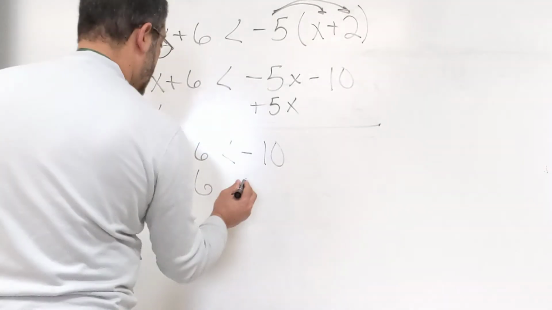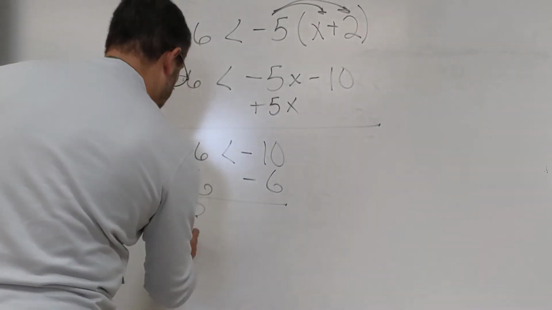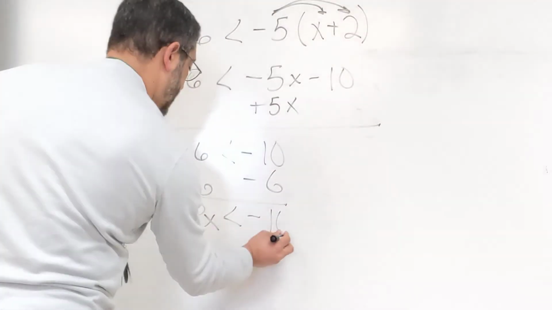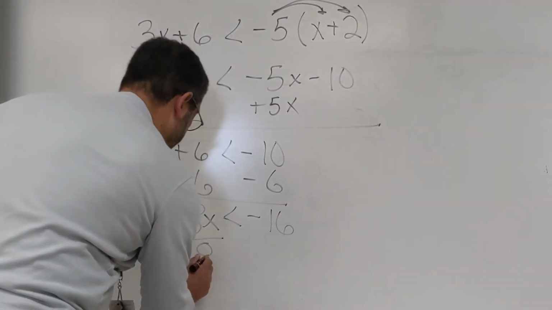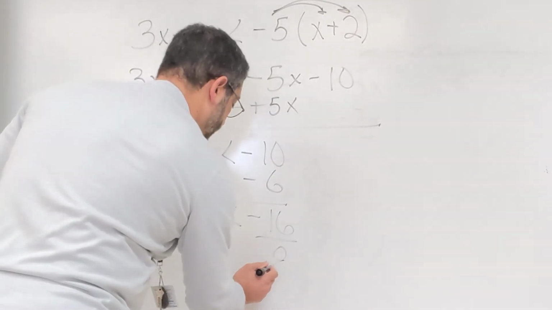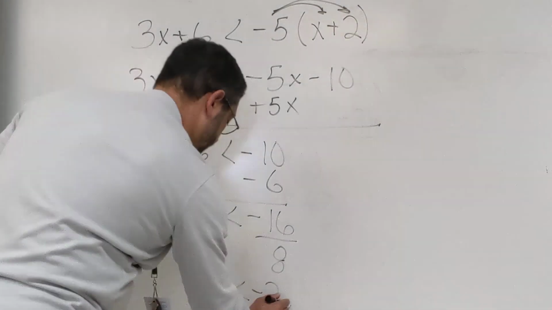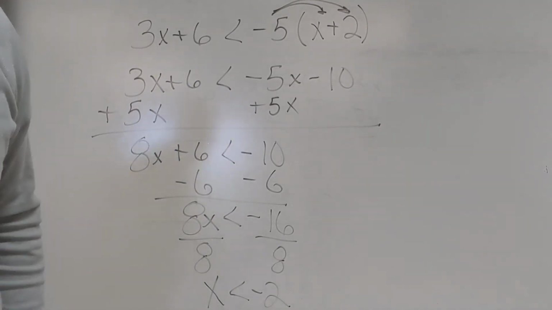So I'm adding 6, so I'm going to subtract 6 from both sides. So that gives me 8x is less than a negative 16. So my next step would be to divide both sides by 8. So I have x less than negative 2. Hope you can see that, x less than negative 2.